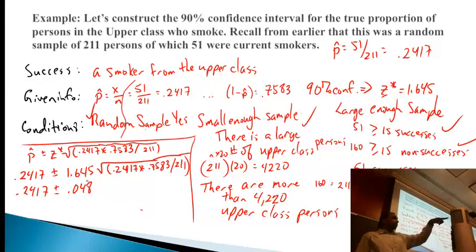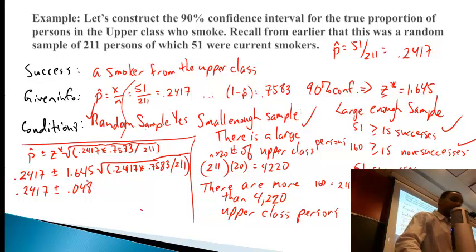So back to our original issue about the 25% or whatever, we're saying from our data that about 24% of people from upper class smoke, give or take 5%. So based upon our random sample, we can make an inference about all those upper class folks.